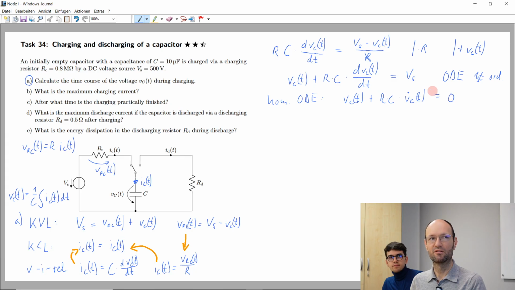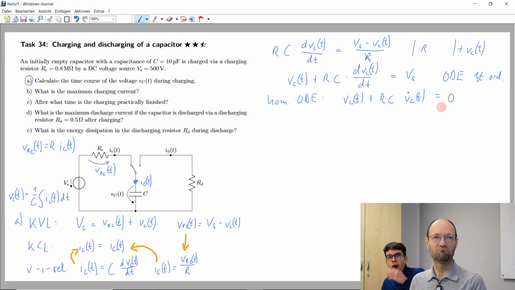Because the solution of this homogeneous differential equation is what the circuit, what the system would do by itself if there is no source. It's like the eigensolution, the own solution of the circuit itself, without having any source. So this is like what would the system do by itself, and then later on we add the source. Okay.